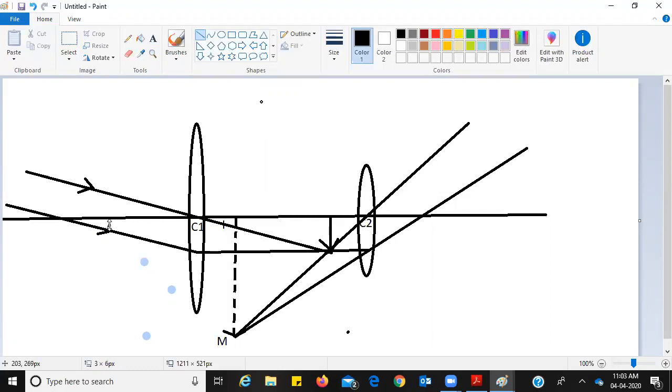Try to rub this lightly, okay? It's not correct.